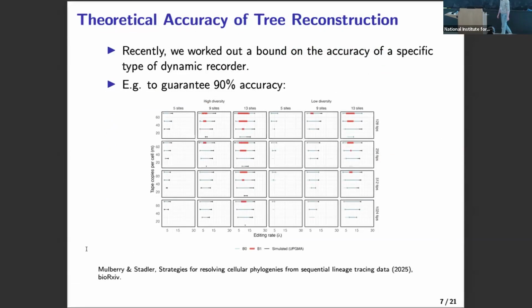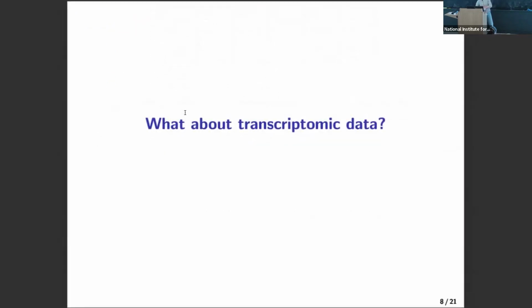This is an example showing parameter regimes or experimental setups where we do get very accurate trees with high probability. If you're interested in that, I could talk about it more. But the goal is just to say that we can have ground truth lineage trees in this field, which is exciting because then we can ask our next question: what about transcriptomic data?